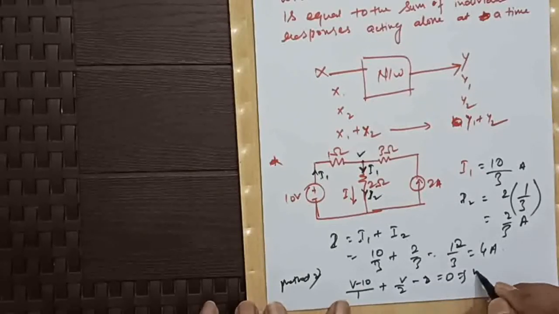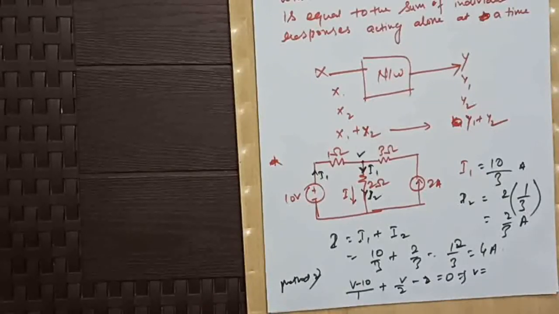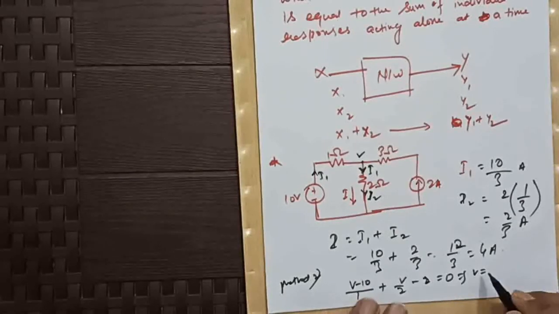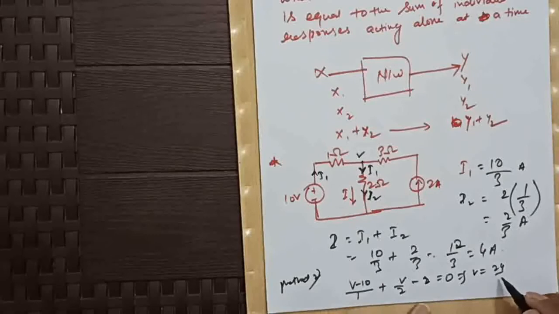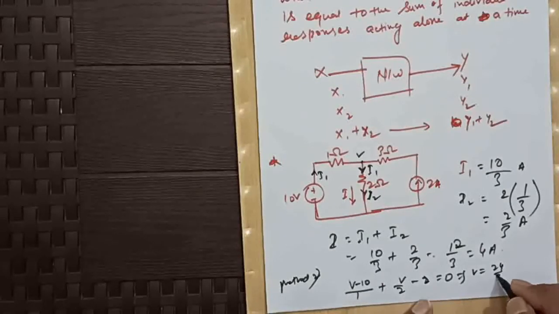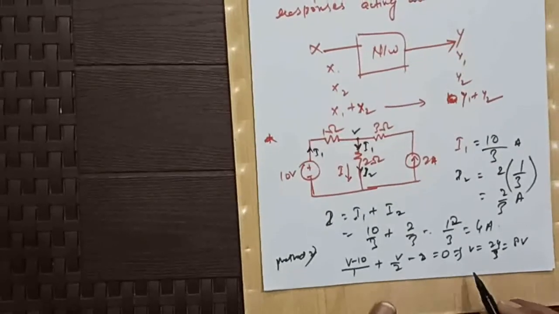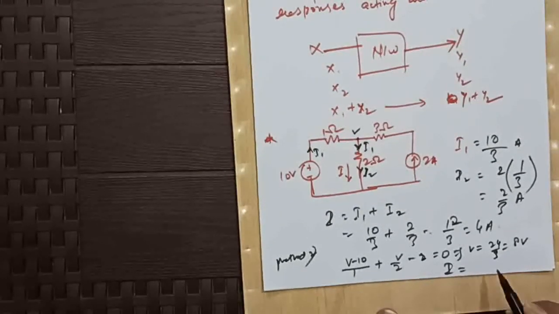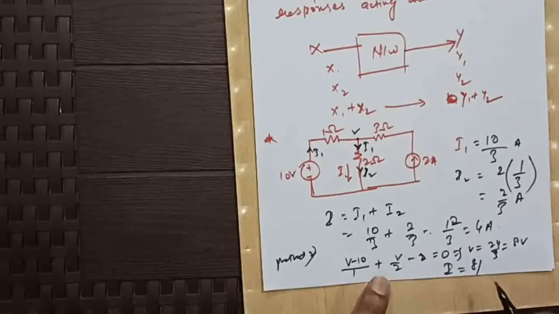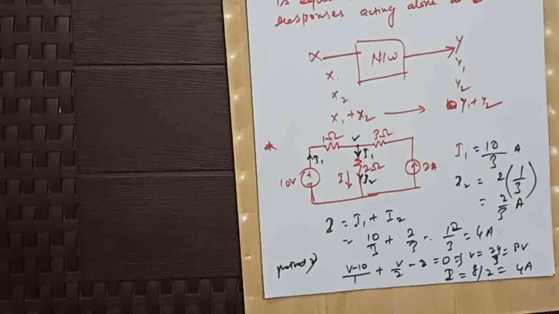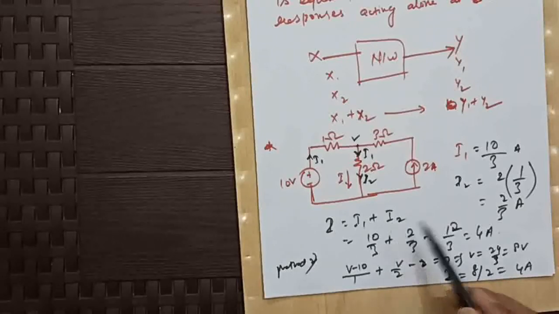From here we will have 24 by 3, that is 8 volt, and I will be what? V by 2, that is 4 ampere. So after cross checking this by nodal analysis, we have the same result. So we can say that this is verified.